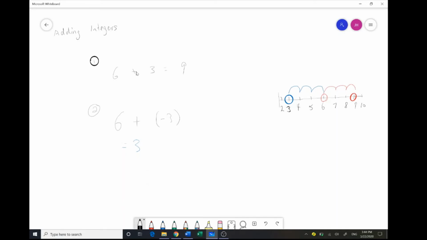Okay, so when you add integers at this point, you have to know that when adding negative numbers, shift the unit, meaning move the number you're adding to the left side.